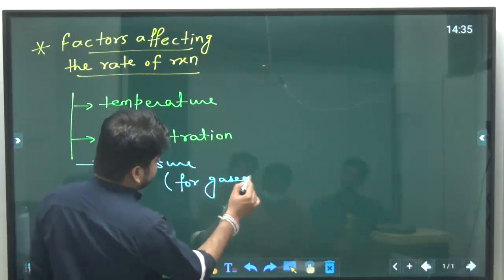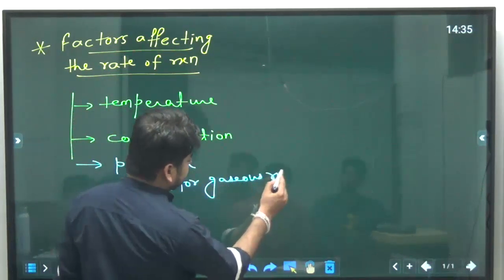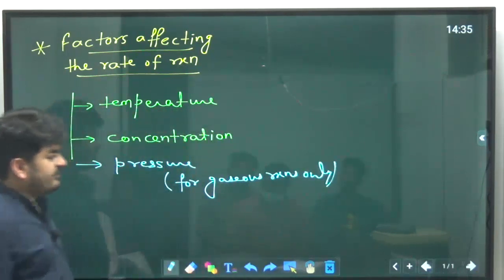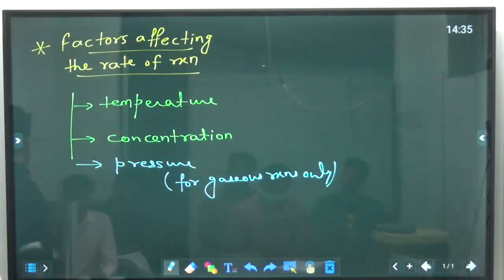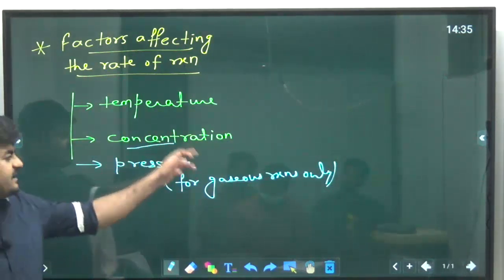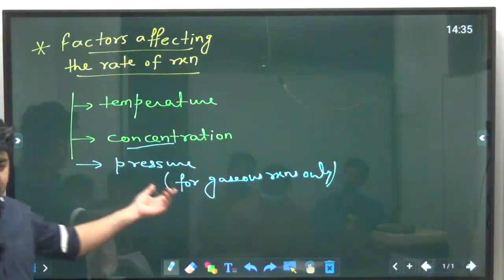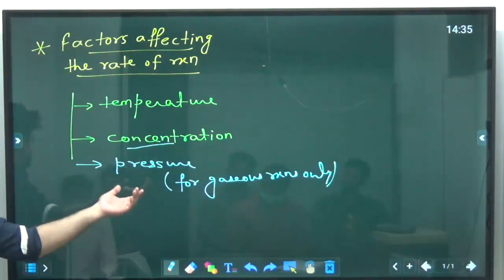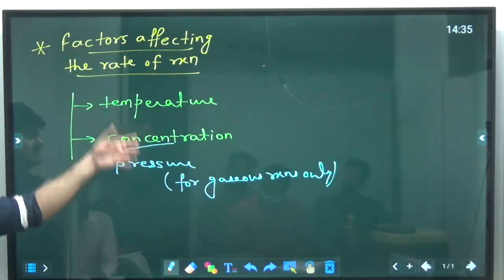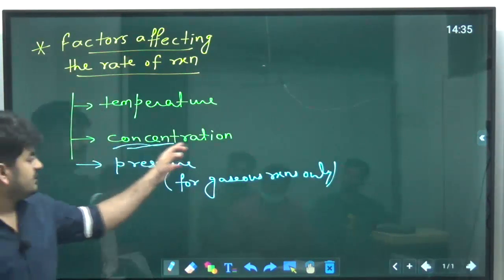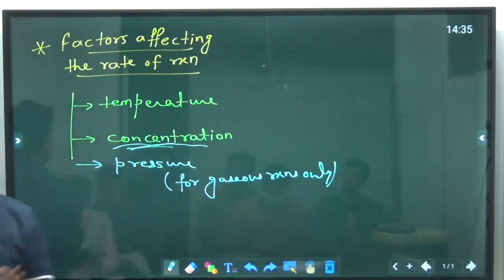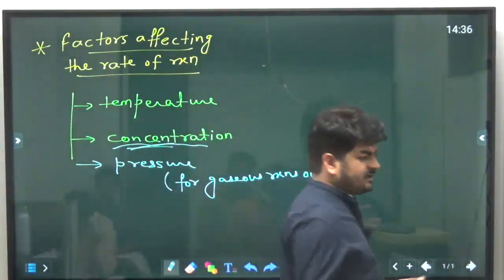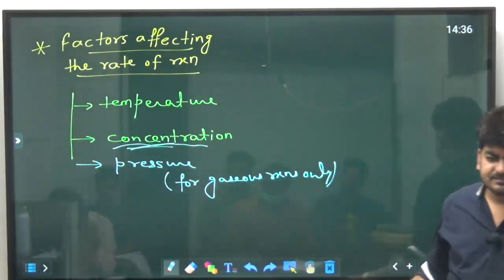Okay, but you don't need to mention that, because we know that for gaseous mixtures we can represent the concentration in terms of pressure. So whatever effect pressure is having on the reaction rate, we can consider in this concentration term itself. Okay, so it's your choice whether you want to mention that specifically or not, otherwise no need.